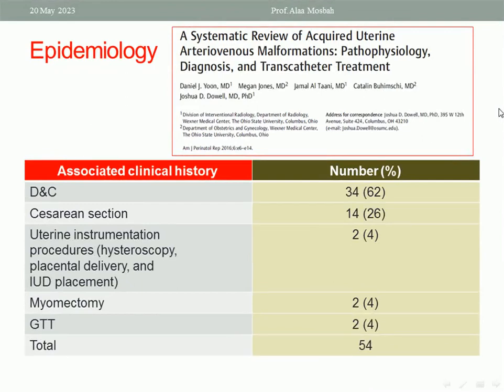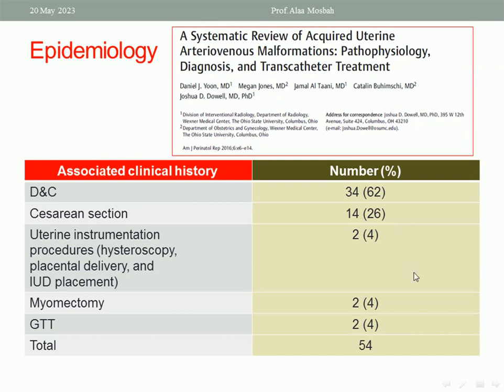Please look at this systematic review published in 2016, and they mentioned some of the risk factors. D&C occurred in about 62% of cases. Cesarean section was associated in 26% of cases.